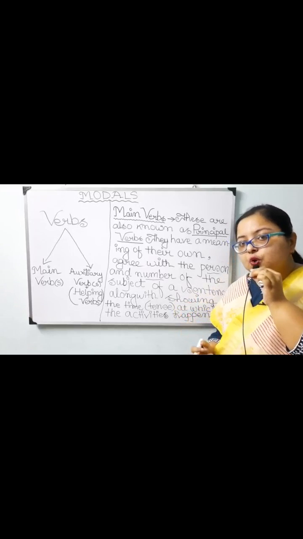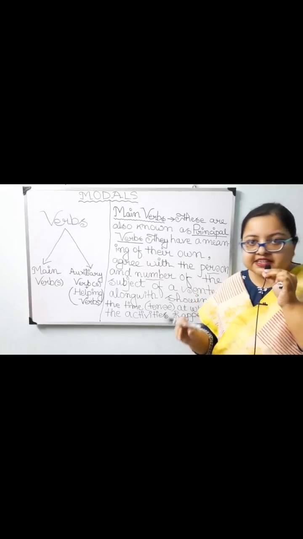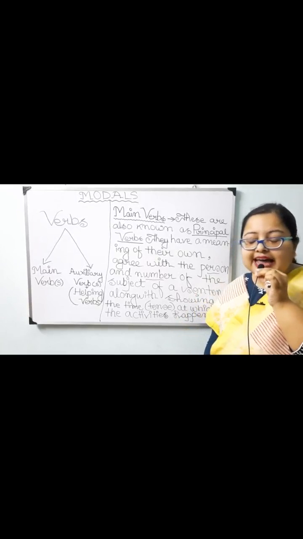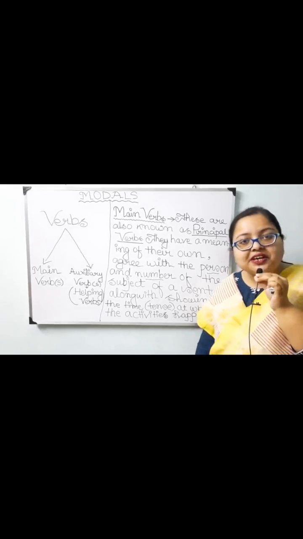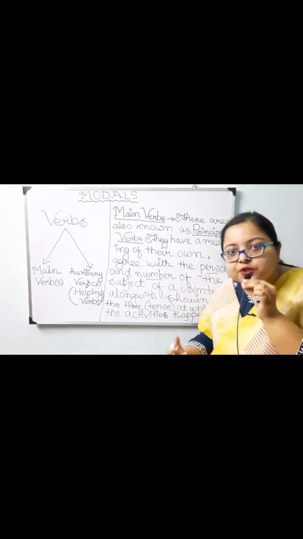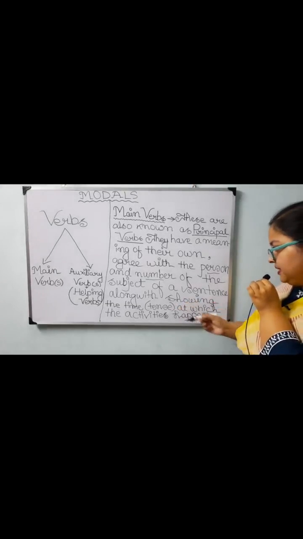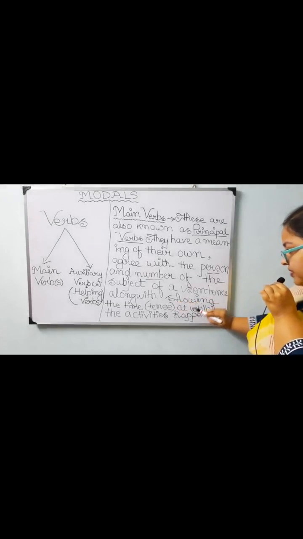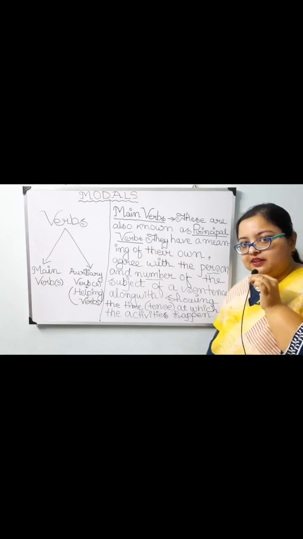Okay, so whether any activity is taking place in the present time, whether it had happened already in the past time, or whether it is going to take place in the future time. Now tense means time, I have already told you, at which the activities happen.